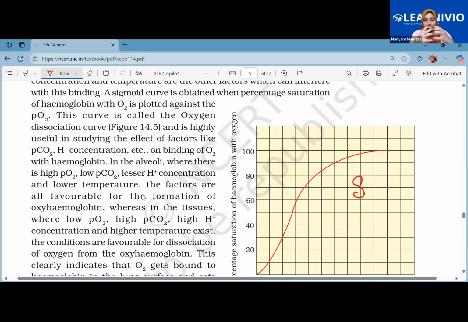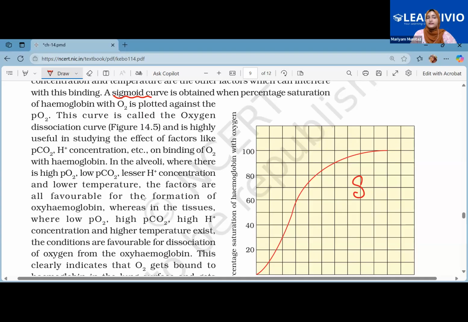So now the hemoglobin will dissociate from the oxygen. Dissociate means be removed or separated from the oxygen, and the oxygen will be delivered. So this sigmoid curve tells us about the saturation of hemoglobin against the partial pressure of oxygen. And this is called the oxygen dissociation curve.